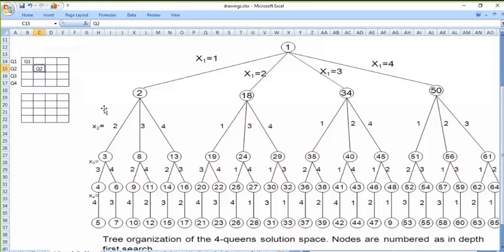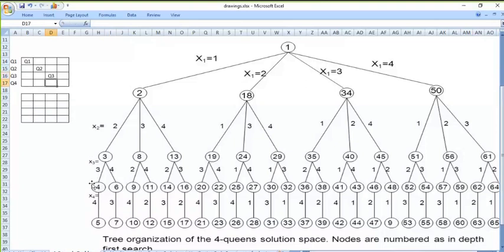Now let us try to understand the state space tree. What are the other possibilities I can have? From 3 to 4 will be for x3, which means q3, in the third column, so I will keep it over here.